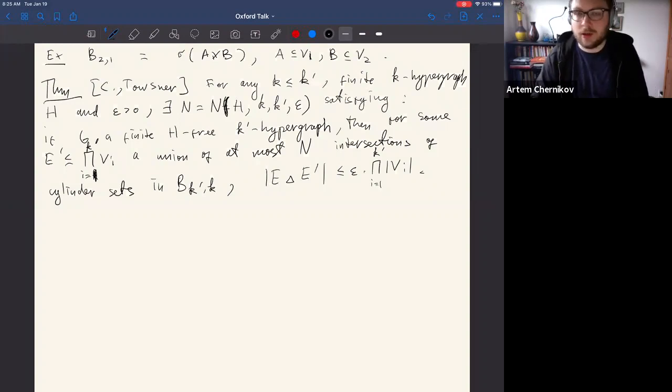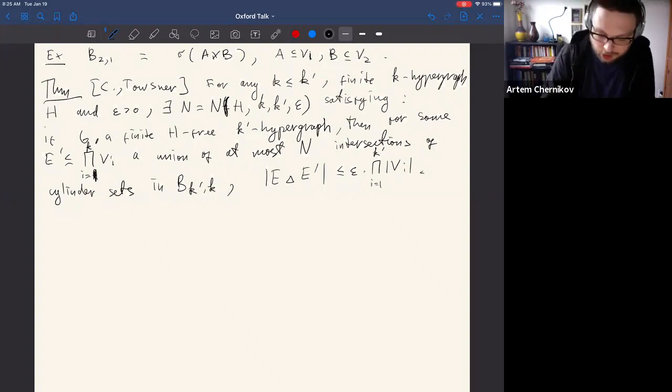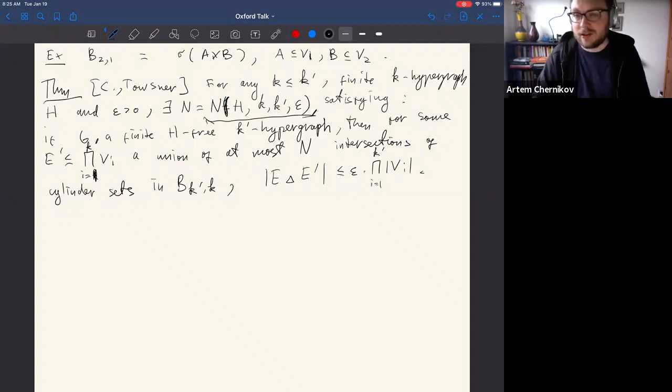Essentially it's saying that if we have a relation of arity k prime, and it omits an arbitrary finite hypergraph of arity k, then the whole relation can already be approximated with arbitrary precision and uniformly, because n only depends on the choice of this initial data, by sets of arity k, so sets whose definitions only involve k variables at a time.